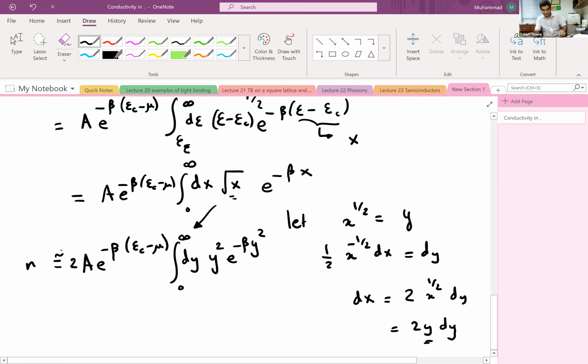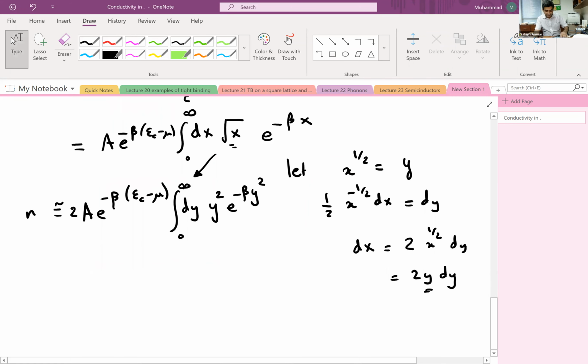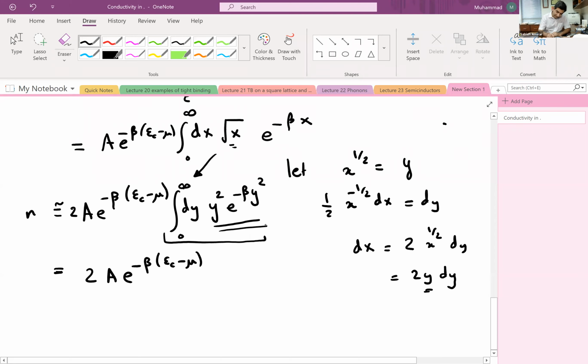With these sleights of hand, these substitutions, we can write this integral in a somewhat simplified fashion. Now, if you notice, this integral is really a derivative with respect to beta of e to the minus beta y squared.